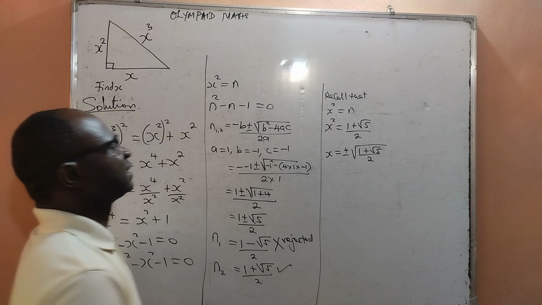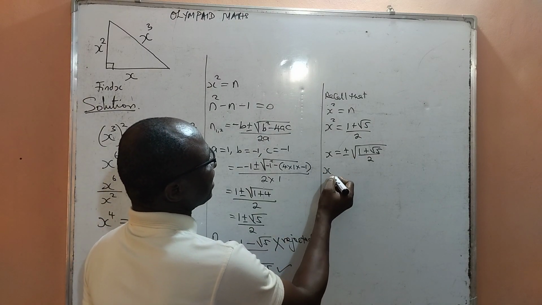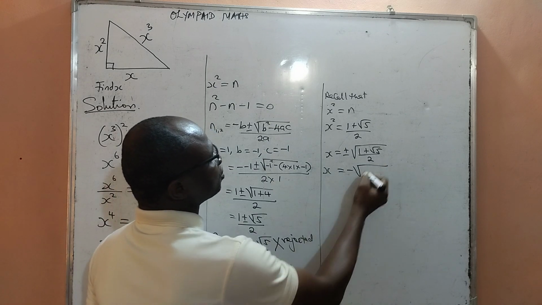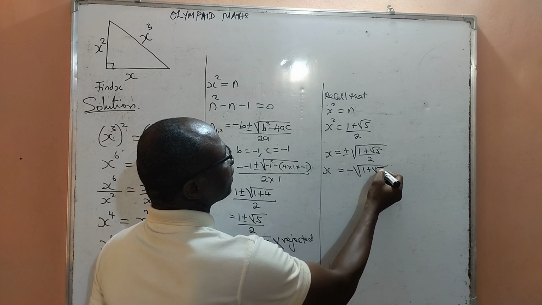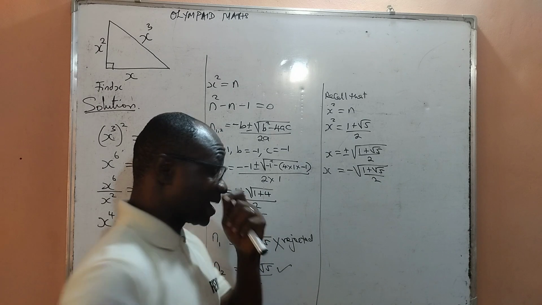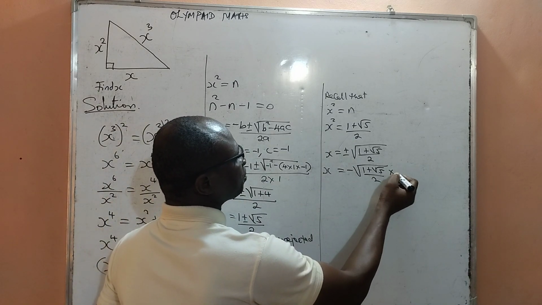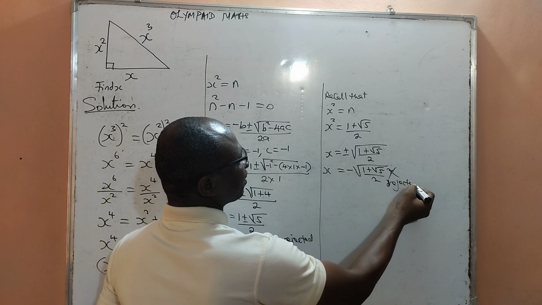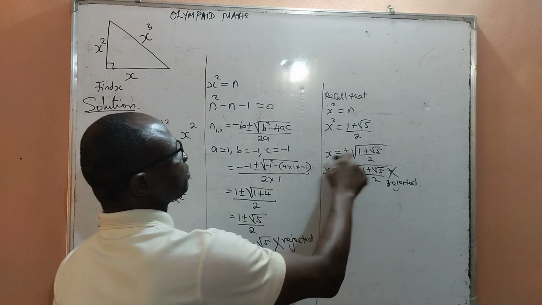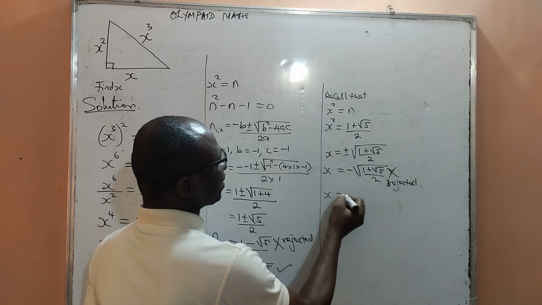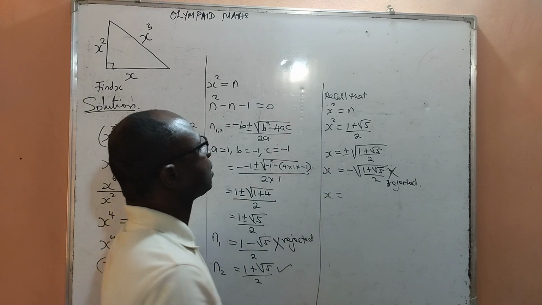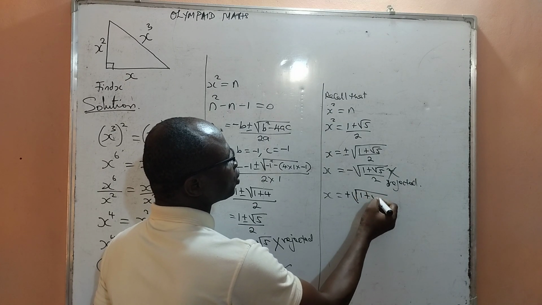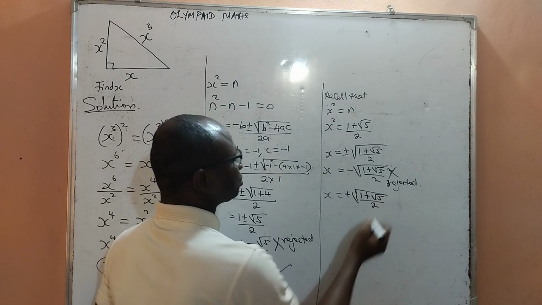But if I have x equal to minus the square root of 1 plus root 5 all over 2, we cannot have that, so this also should be rejected. We work with the positive value of x, where we have x equal to plus the square root of 1 plus root 5 all over 2.